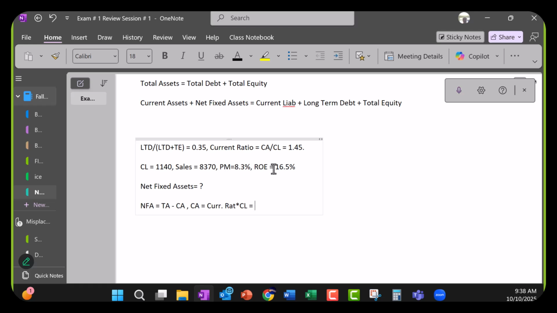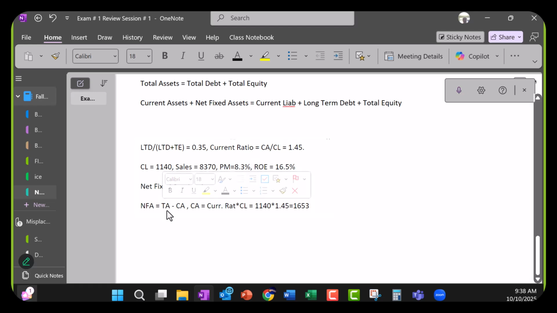So that would be 1140 times 1.45. So if you can figure out what total assets are, we're pretty much home when it comes to net fixed assets.